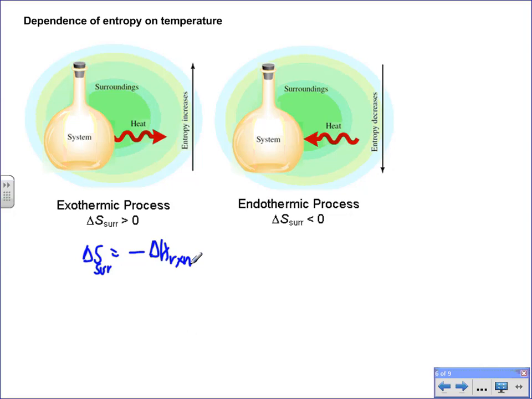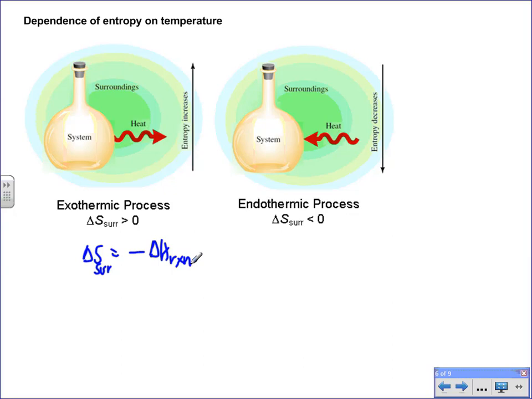Now, the other point to consider here is that the entropy of the surroundings will have changed differently depending on the starting temperature. The change in entropy is going to be inversely proportional to the temperature at which the heat is added.